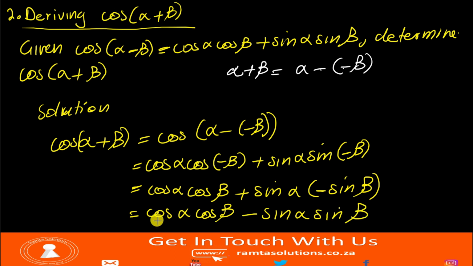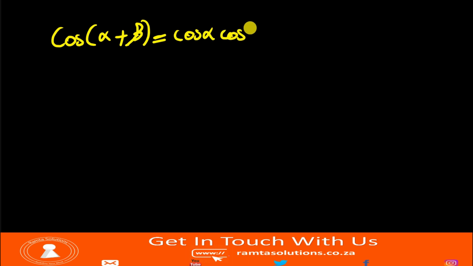Okay, therefore, what can we say? We can say cos alpha plus beta is cos alpha, cos beta minus sine alpha, sine beta. Can you guys see that?